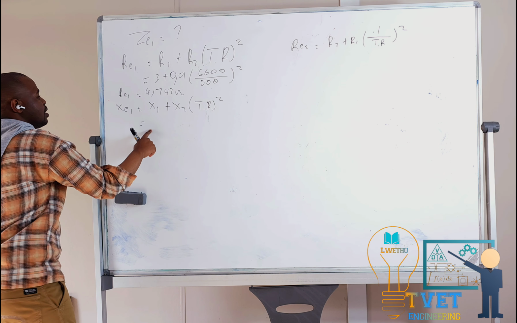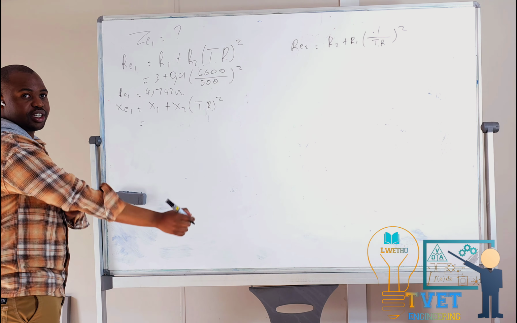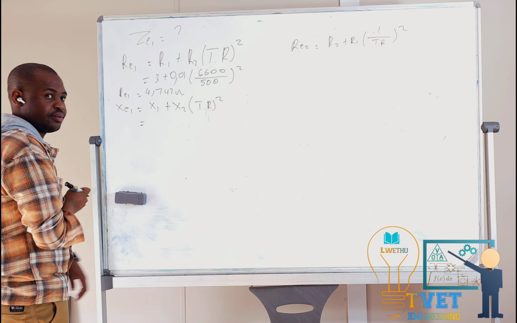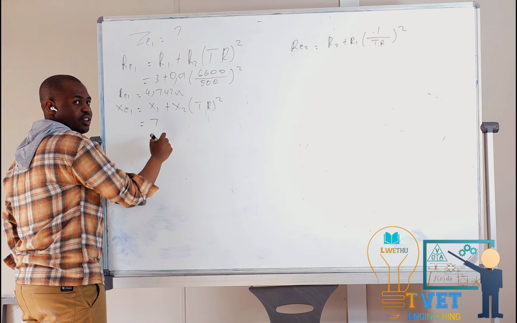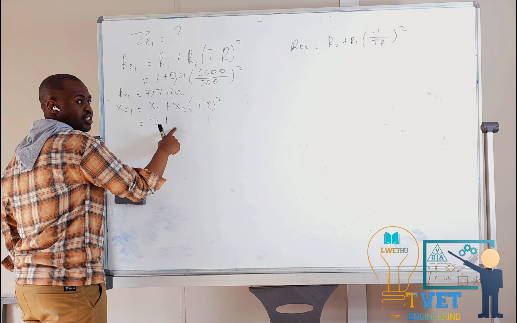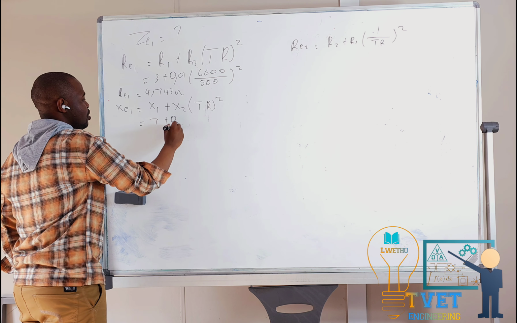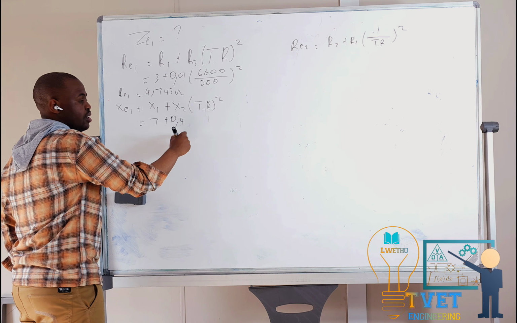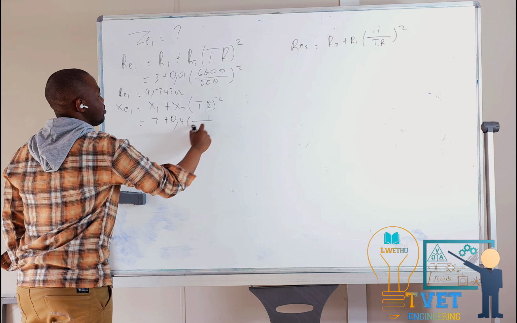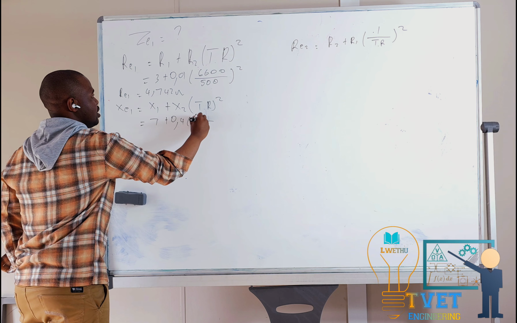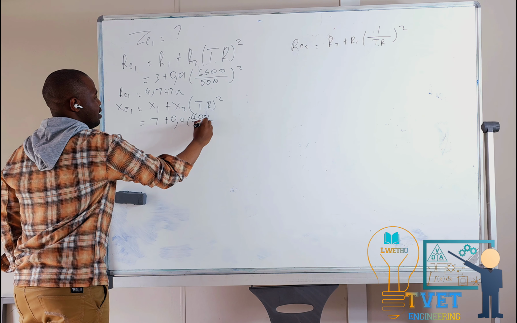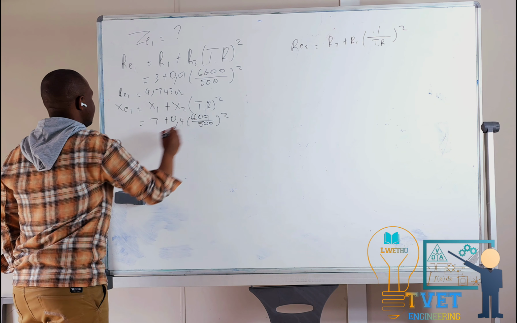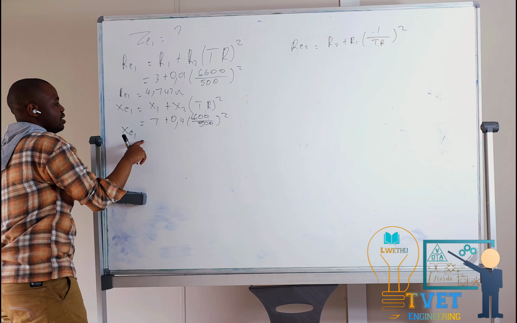What is the primary leakage reactance? 7. Then secondary 0.4. The transformer ratio is still the same, 6,600 over 500 squared.